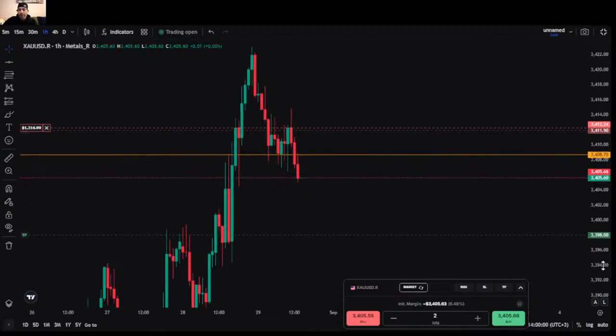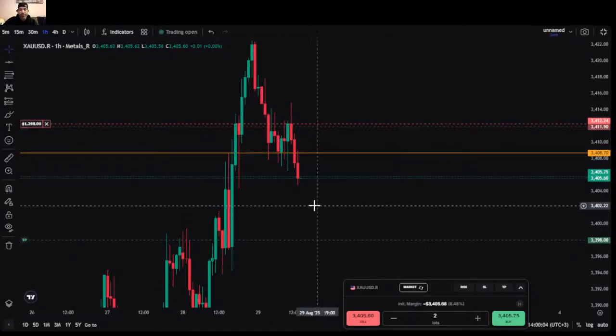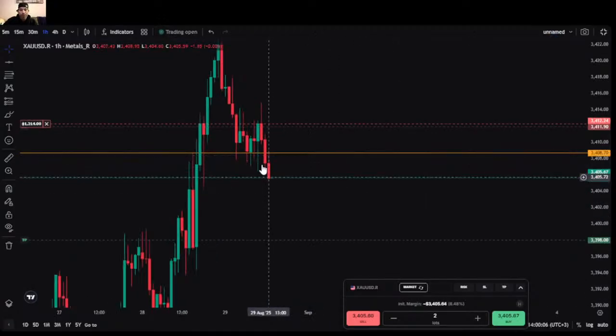All right, let's see where we are here. Brand new candle. The 1 hour candle just closed bearish. Beautiful move down here. Got the break, retest, and then the pullback. Now I'm waiting for a top wick here.